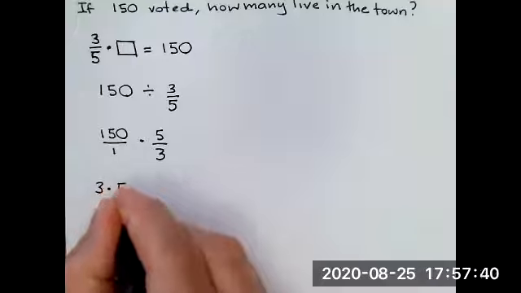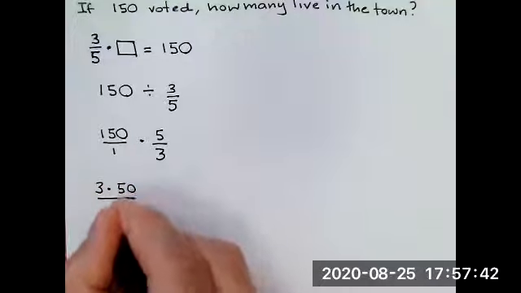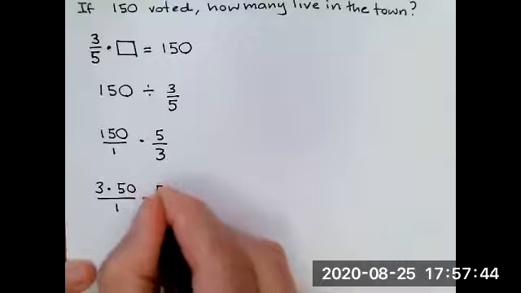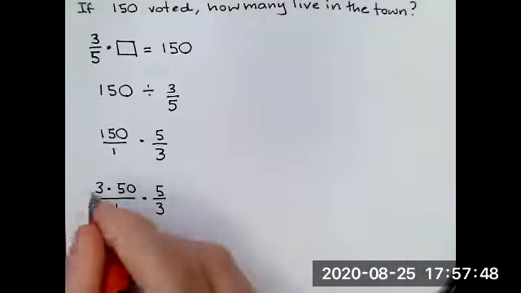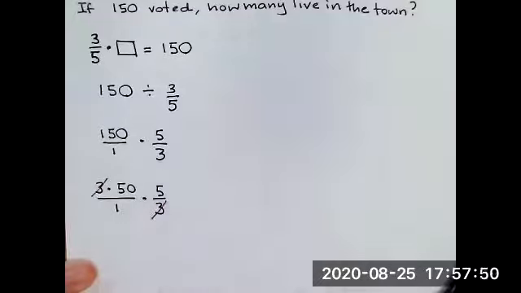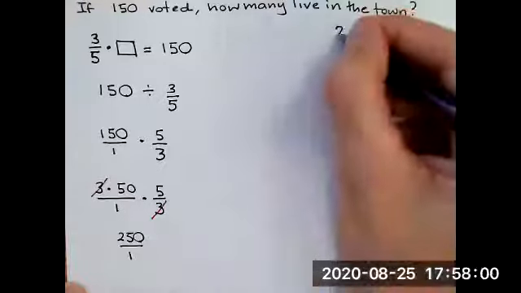That's 3 times 50. Three over 3 equals 1. 50 times 5 is 250. 250 divided by 1 is 250.